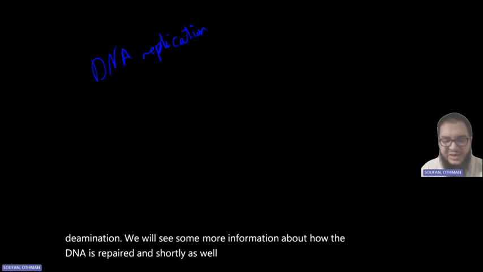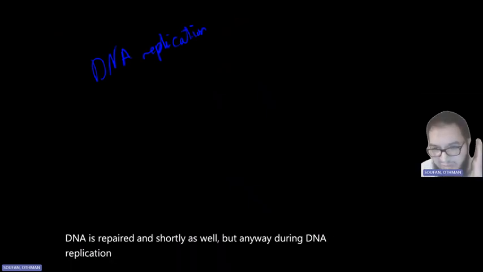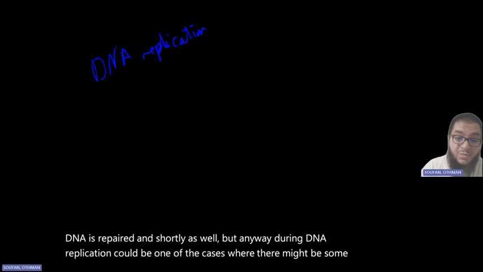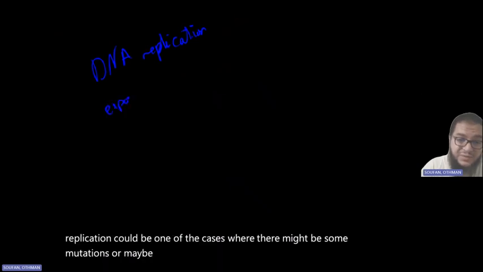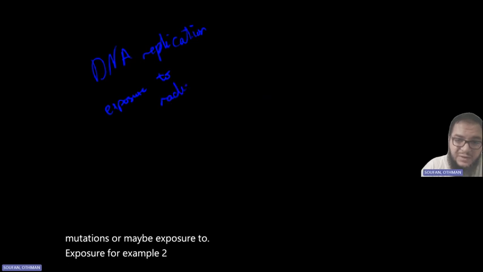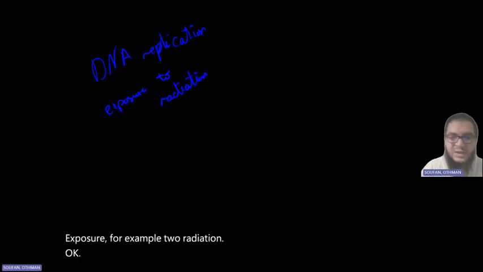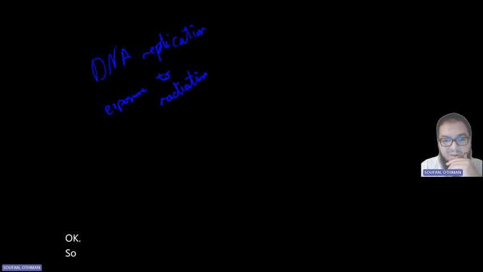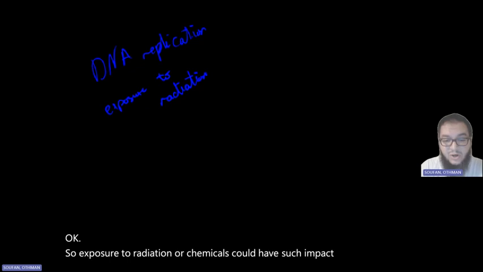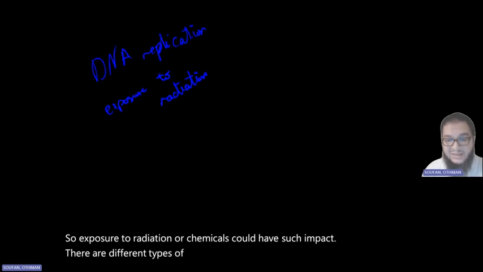But anyway, DNA replication could be one of the cases where there might be some mutations, or maybe exposure, for example, to radiation. So exposure to radiation or chemicals could have such an impact. There are different types of mutations. There are deletions, for example.